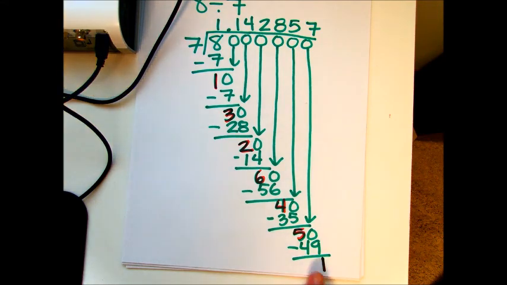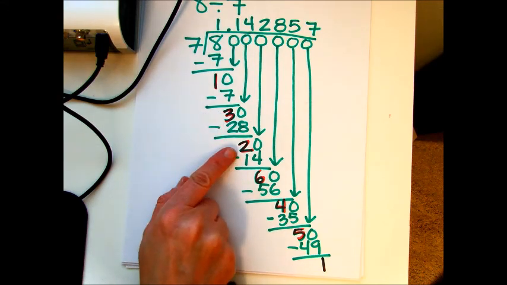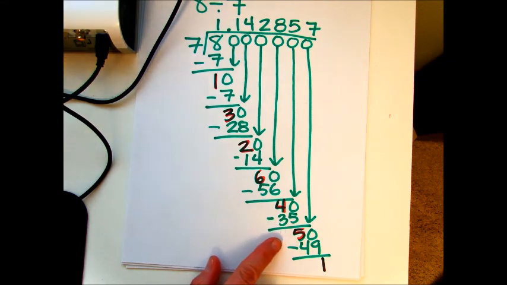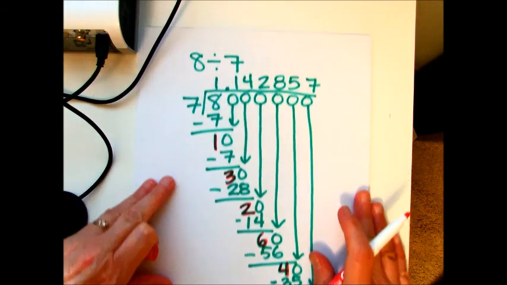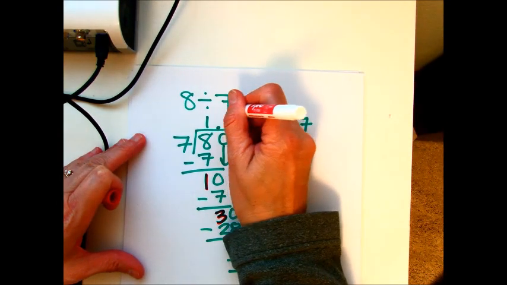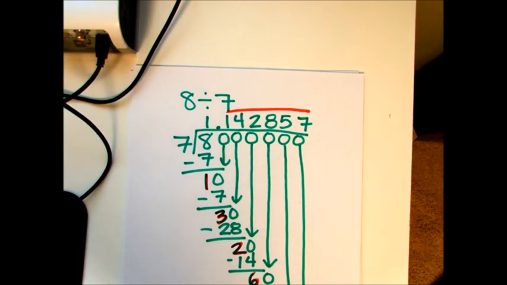So what's going to happen is I'm going to continue to get a difference of a 3, a difference of a 2, a difference of a 6, a difference of a 4, and a difference of a 5. So this answer is going to be a repeating decimal, and we're going to represent that it's repeating by putting a line over the part that is going to be repeating.